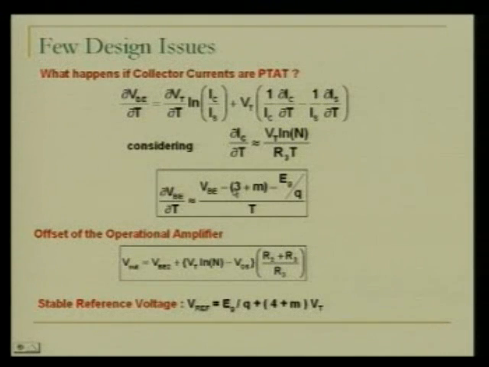This is purely an observation. If there is a change in the collector current, then this del Vb by del T changes with this 3 plus m parameter. This is just you put the different terms by differentiating and you will get this term.